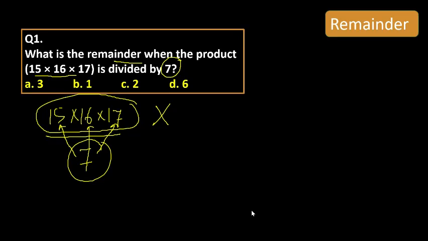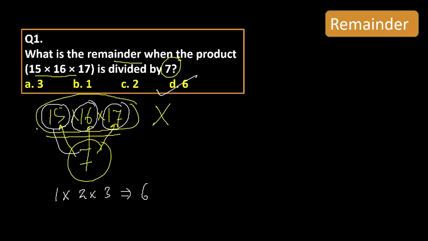What is the answer? 6. Good. So what I will do smartly here, I will divide 15 by 7. 7 twos are 14, it will give remainder 1. 16 gives 2. 17 gives 3. So my final answer is directly 6 here.